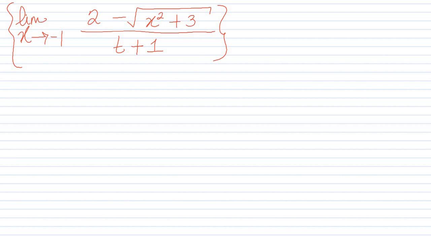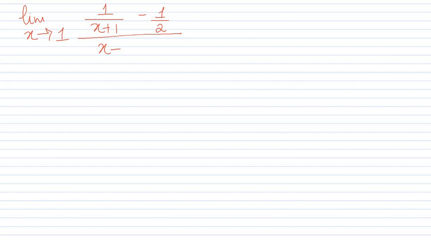So the next thing that you do, for the next question that we have, is this. So we have the limit as x goes to 1 of (1 over x plus 1 minus 1 over half), all of that information divided by x minus 1.